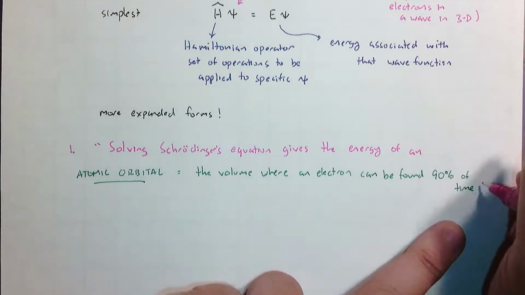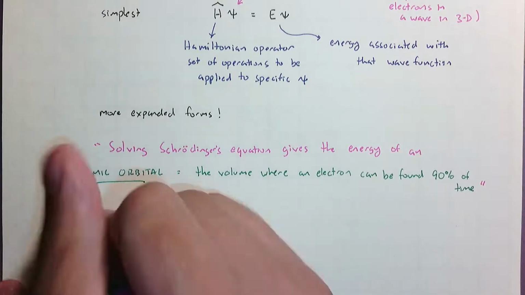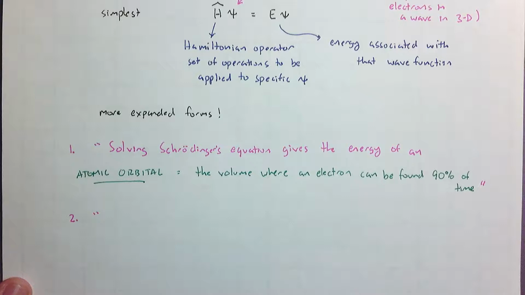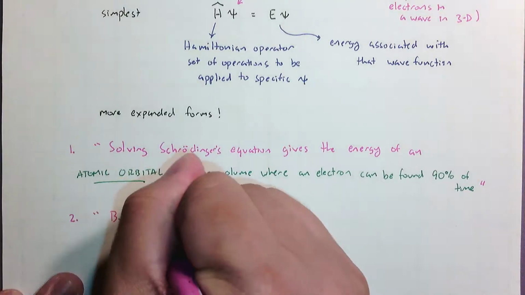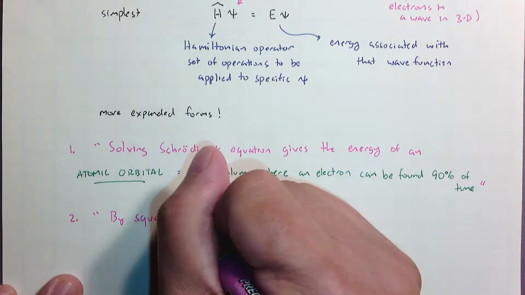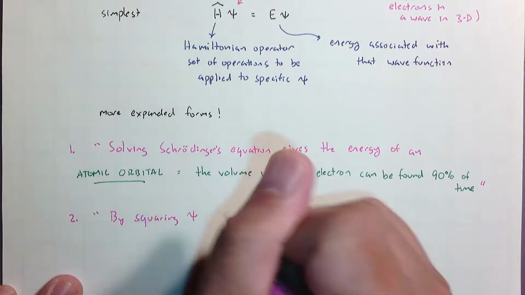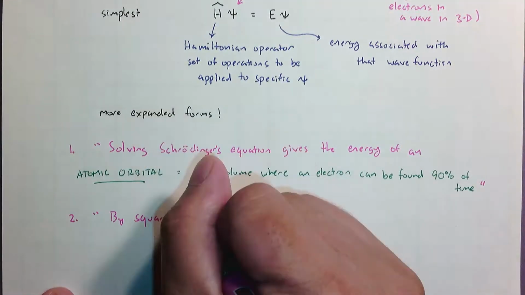Number 2: by squaring the wave function psi. The most important symbol in that Schrodinger equation is psi. And again, we should always know that as what?